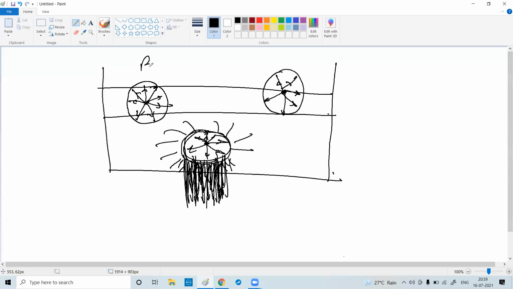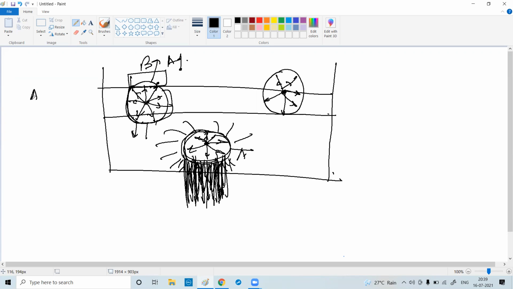Now we'll come to sphere number B. If you see, the small part of this sphere is exposed to the atmosphere. Maximum part of the sphere is exposed to the water. So can I say there are two forces here? One is the adhesive force, the molecules of the air and the water, and the other is the cohesive force, the water and the water.